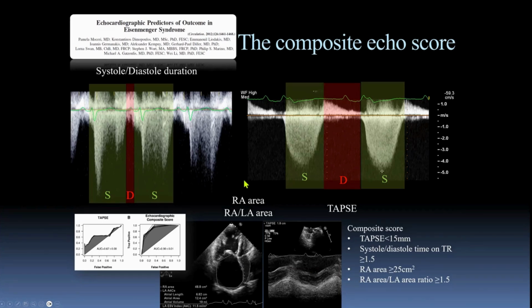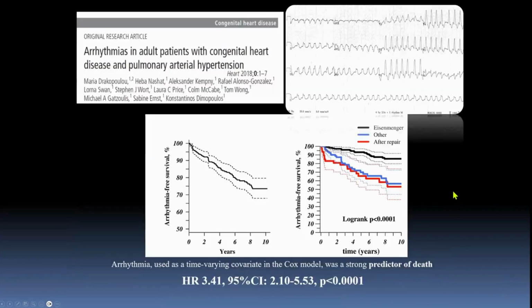Of course, increase your heart rate with a little bit of atrial tachycardia on that, and you lose your cardiac output. So we showed that combining these parameters, with 1 point for each, you can get good prognostic power. Of course, arrhythmia is also a risk for decompensation and death.